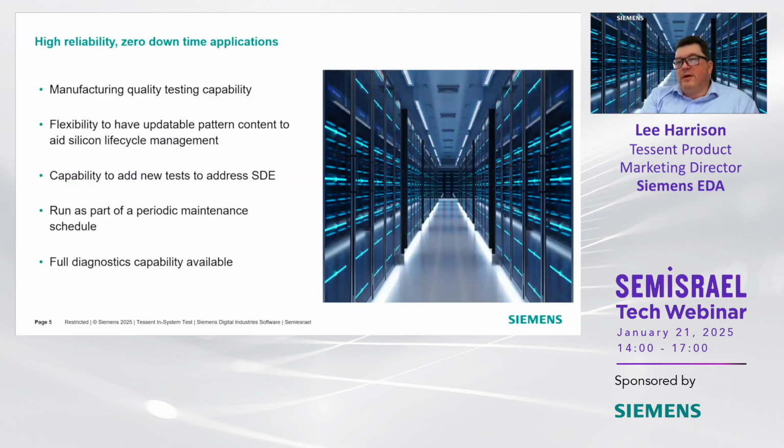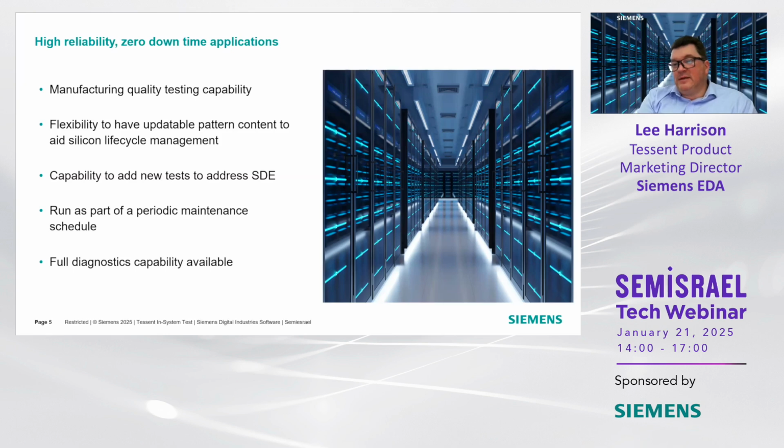And what are we looking at doing to achieve that goal? Well, obviously, manufacturing test quality is key to that. So the extremely high manufacturing test quality, but the ability to have the flexibility to update test pattern content once the silicon has left the manufacturing and is in its natural environment, to be able to rerun those test patterns, and to continually update that test pattern content throughout the life of the silicon.